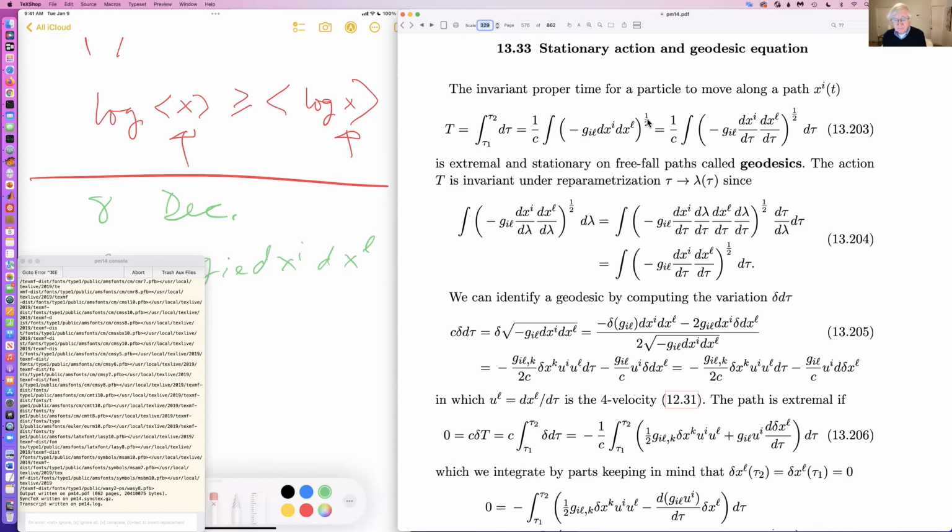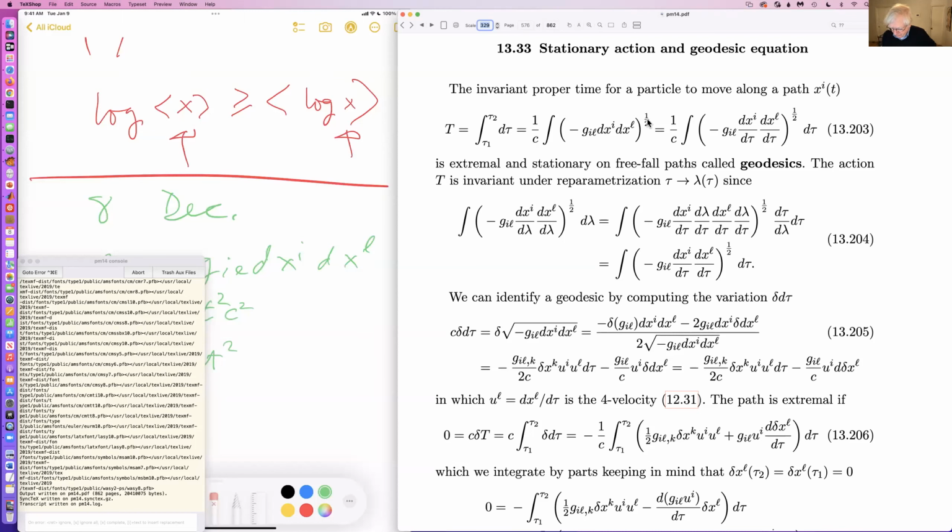And in the free fall frame, the dx's are 0. And so what you have here is simply minus g_00 dt squared, and, well, c squared dt squared. And since by the principle of equivalence special relativity holds, this is just minus c squared dt squared.